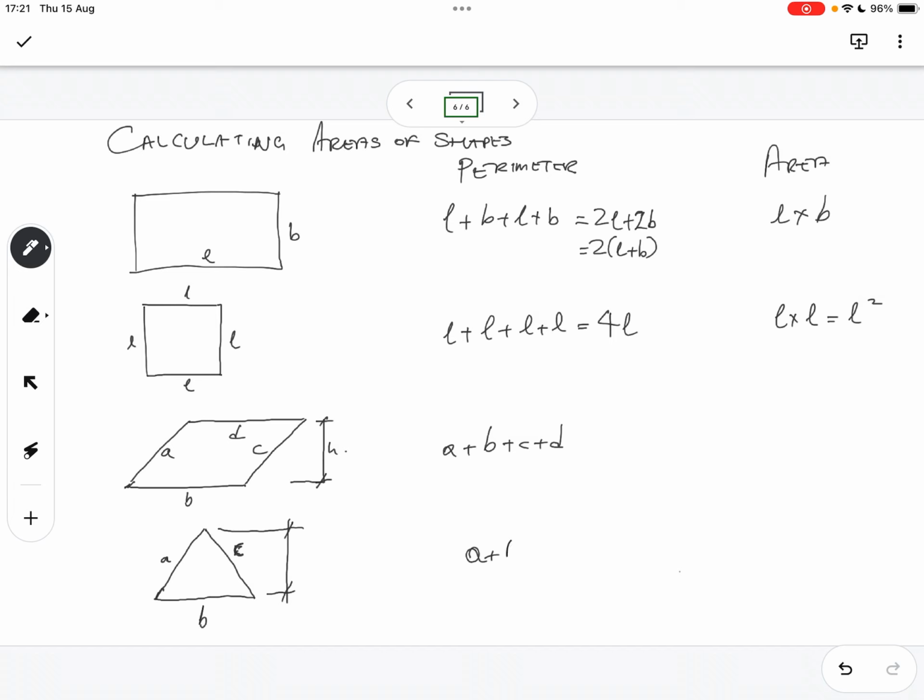The perimeter would be A plus B plus C. But the area would be the breadth times the height, or the one side times the perpendicular height. And the cool thing about a triangle is that it can be thought of as half a parallelogram, so its area would be half of the parallelogram. That's just a cheat sheet I would give you off the bat.